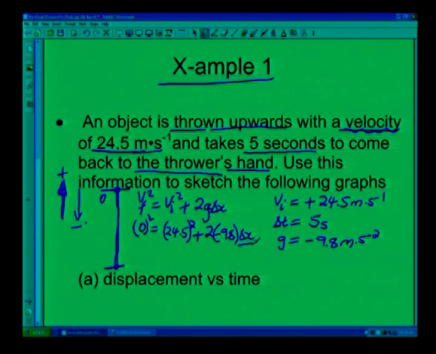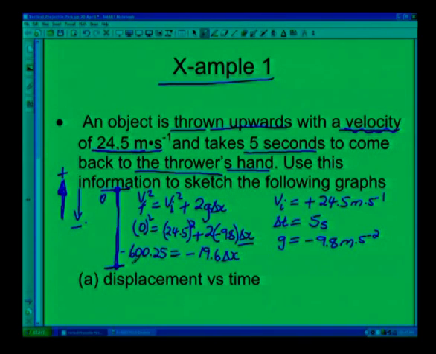If you work it out, you square that and take it to the other side, it's going to be minus 600.25 equals minus 19.6 delta x.